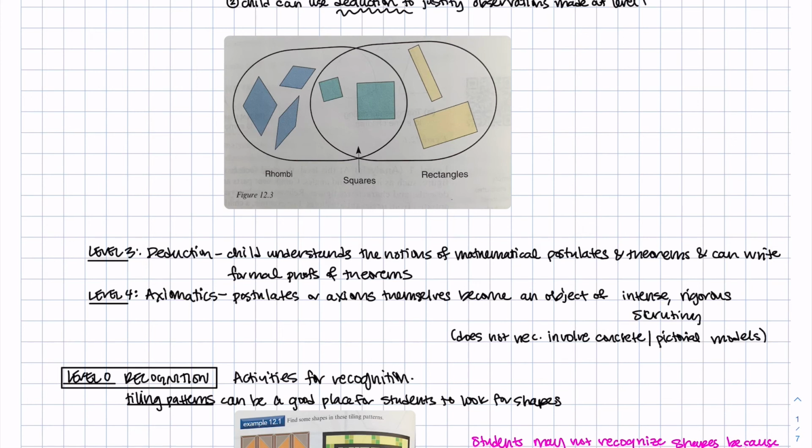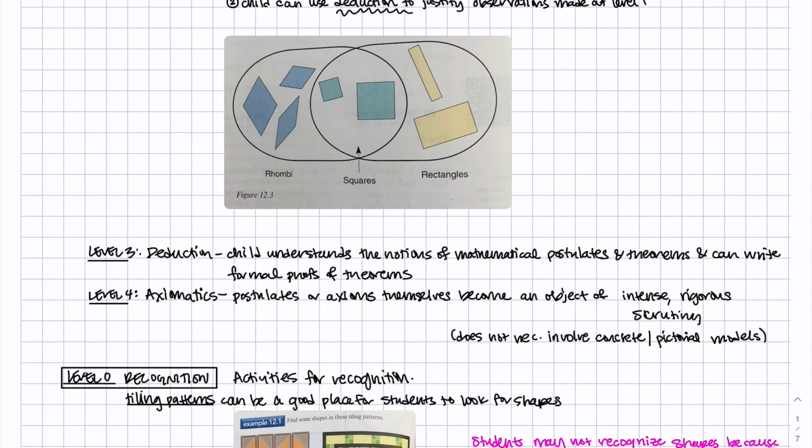And finally, level 4 is categorized by axiomatics. The difference between level 3 and level 4 is that level 4 doesn't necessarily involve any concrete or pictorial models. Here, the postulates or axioms themselves become the objects that are studied, as opposed to the figures that are understood through axioms or theorems.